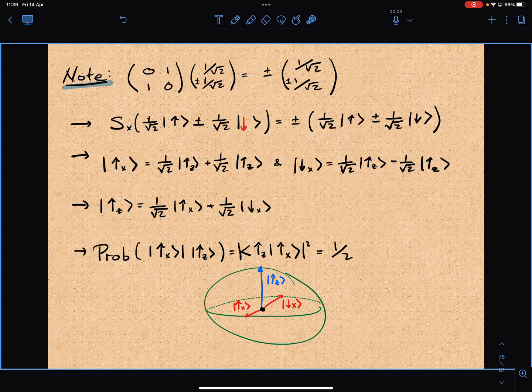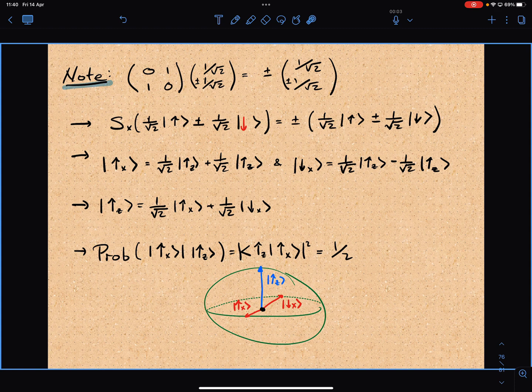And in particular, these eigenvectors of the Sx operator correspond to the up and down spins in the x direction. These operators are going to be my spins in the z direction, and these are going to be my spins in the x direction.